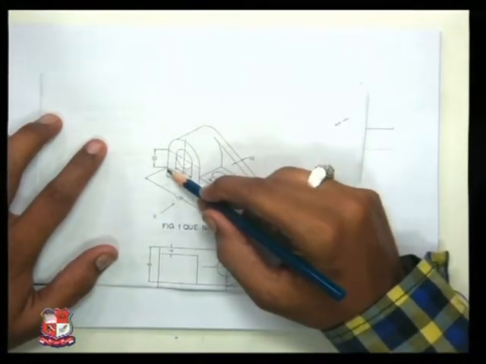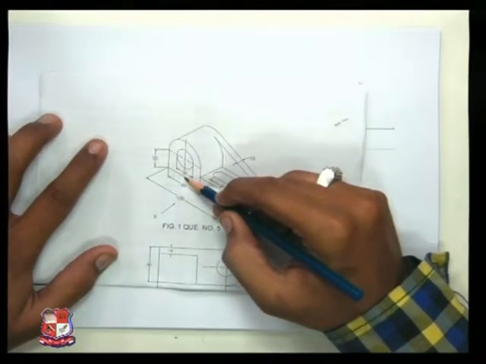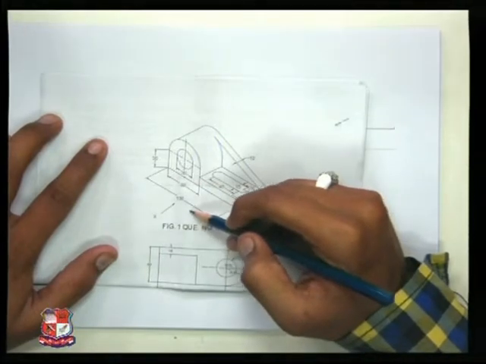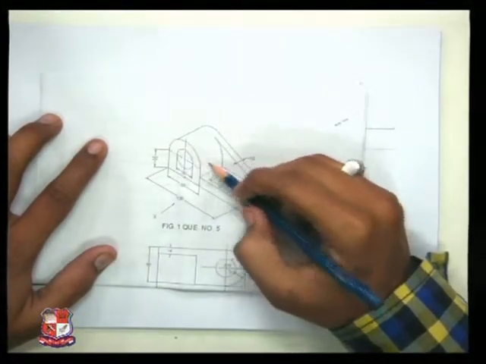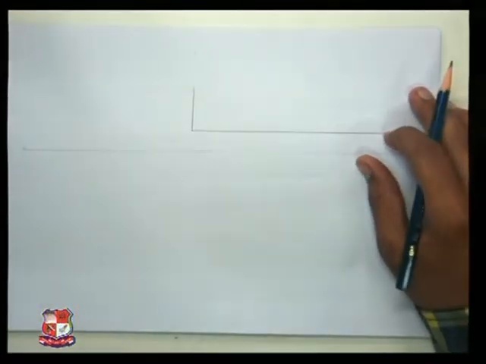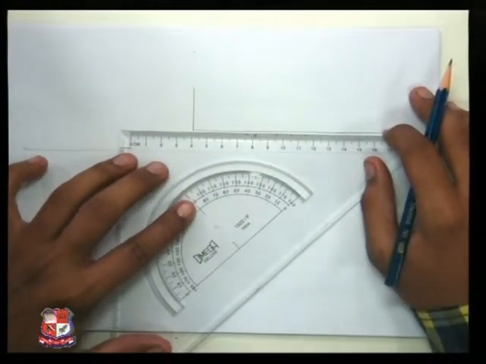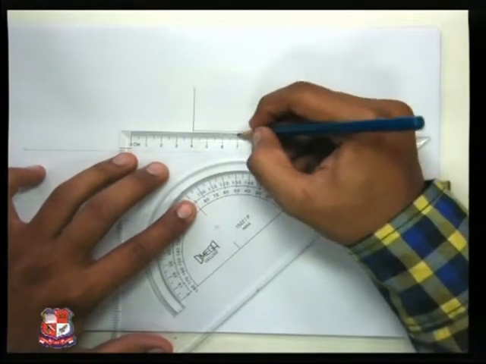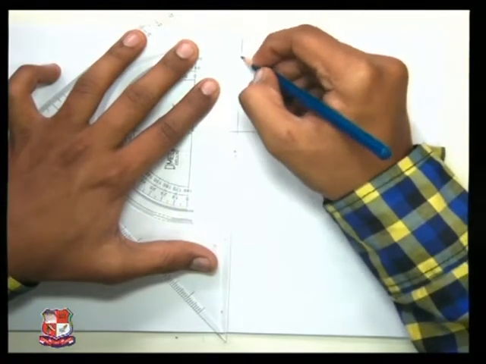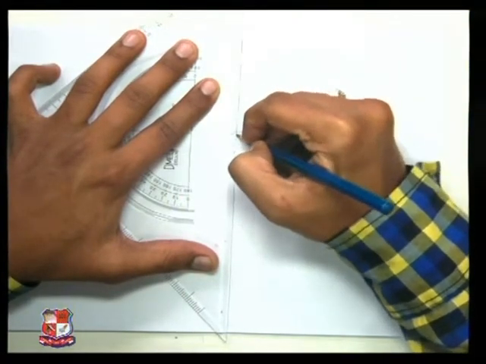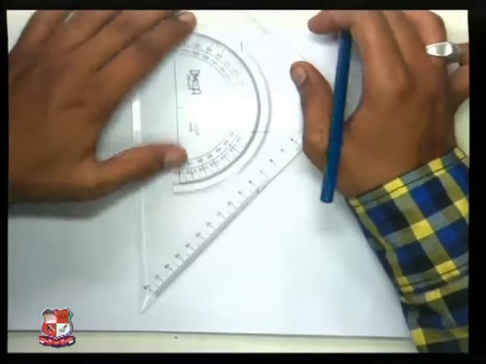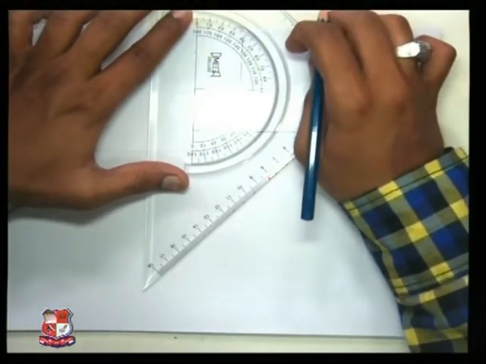So we need to take the 30 mm point, mark it and draw a center line, vertical and horizontal. Mark the point at 30 mm. Drawing a center line both horizontally and vertically.